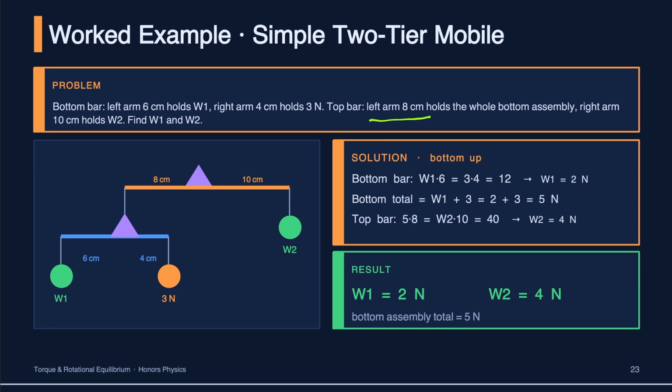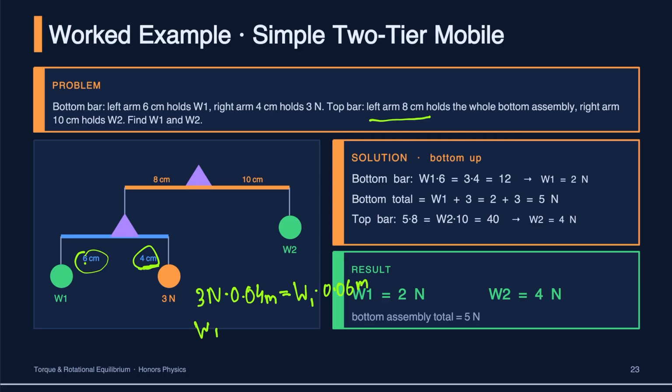Which means 3 newtons times, what is this? 0.04 meters is equal to W1 times 0.06 meters.